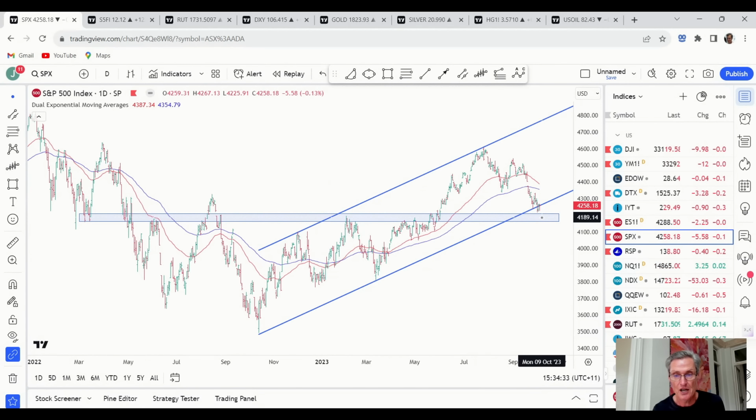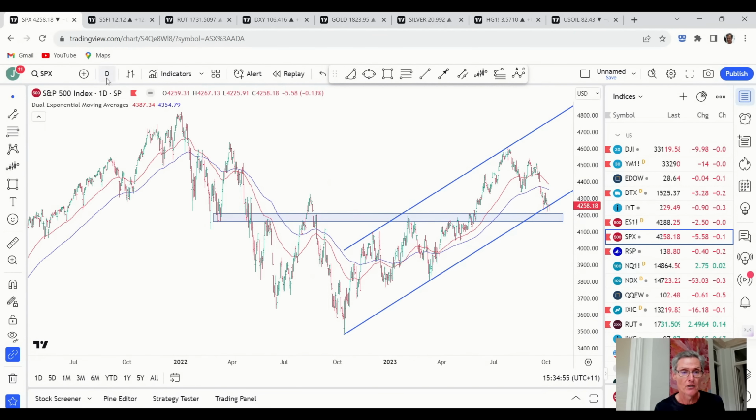I don't think it's just going to fold in an instant without giving some sort of underpinning to the market. I think there's a strong likelihood that it does initially hold and provide some sort of rebound, which we'll talk about a little bit more in a moment.